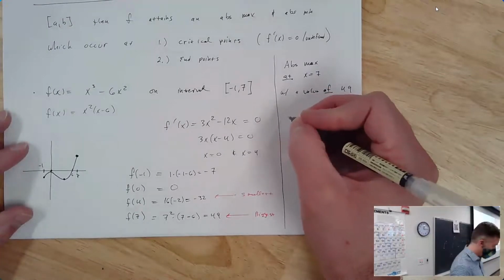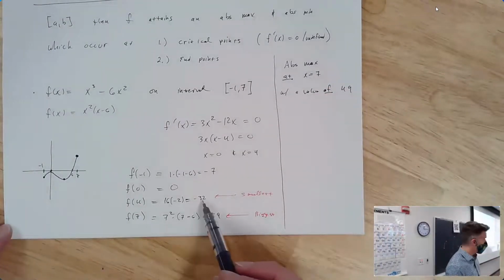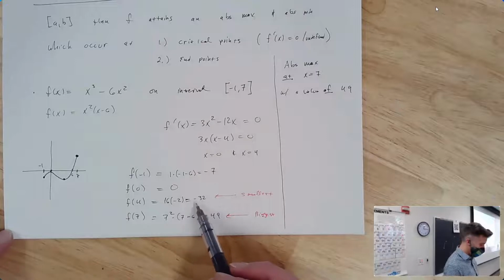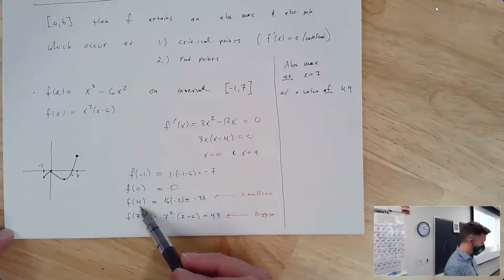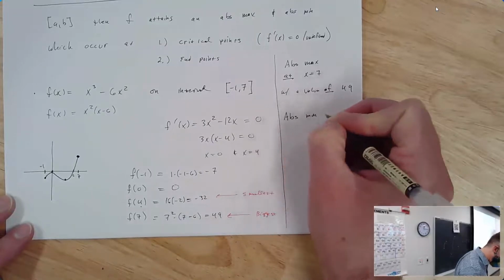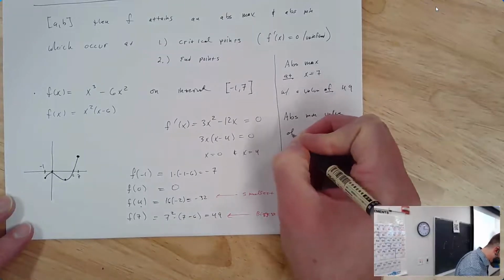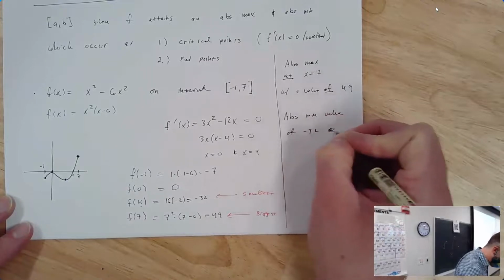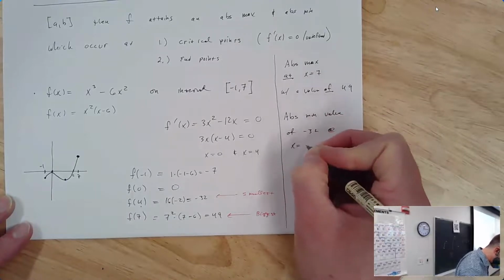And this function has a minimum value of negative 32 on this interval. And it occurs at x equal to 4. So we have an absolute minimum value of negative 32 at x equal to 4.